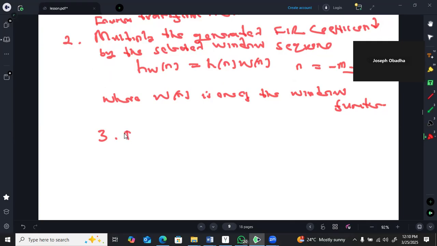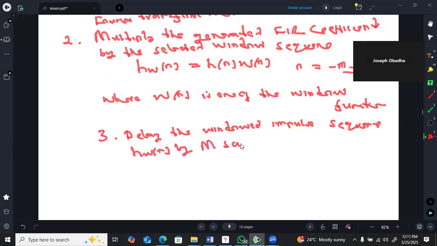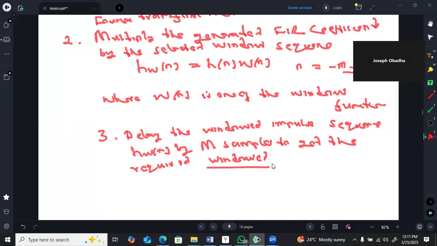So the third step: delay the windowed impulse sequence h_w(n) by M samples to get the required windowed FIR coefficients.